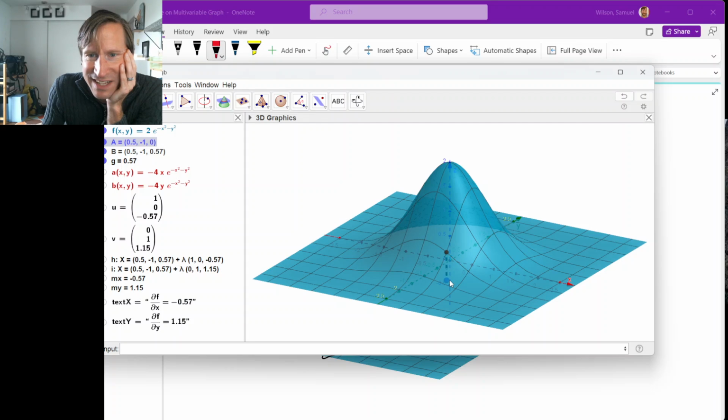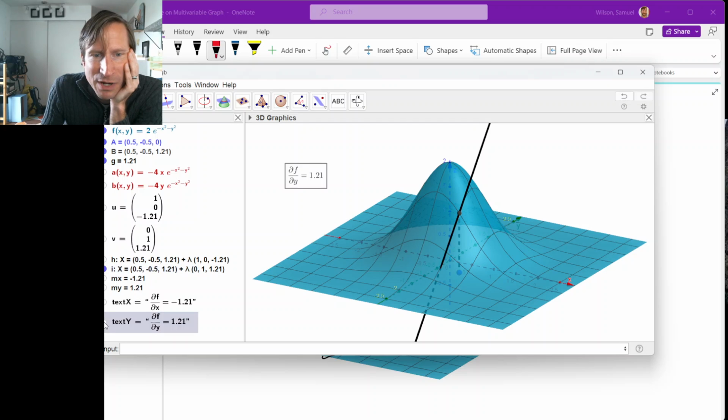When the point moves in that direction, we get a tangent line going in that direction, and that has a positive slope. So for this one, since this is in the y direction, we'll use our usual derivative notation, but again with these weird curly d's.